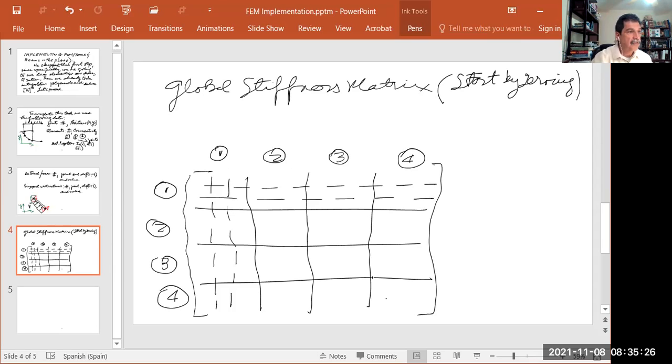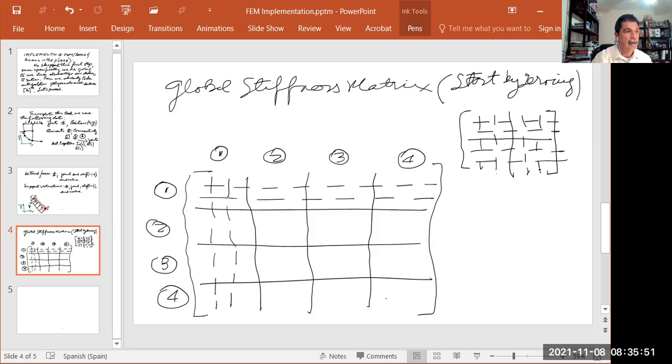For example, let's suppose we have here one element. Since this is an element, I have two joints. This is a 3 by 3. I'm sorry, 6 by 6.